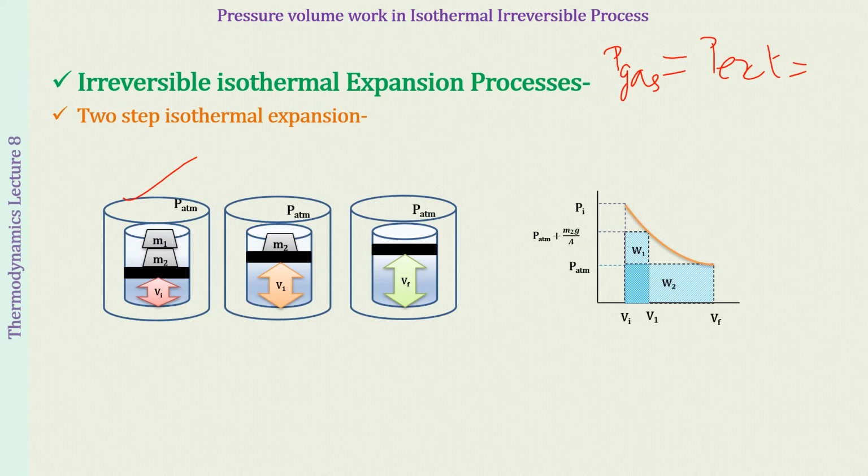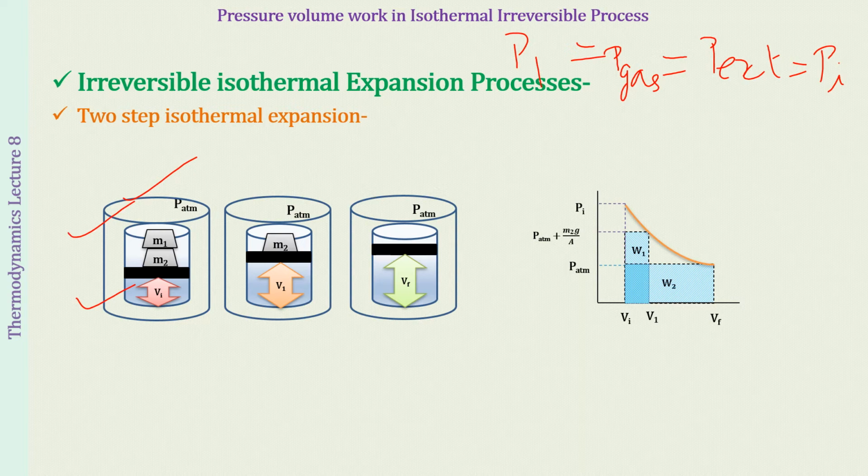And P external in this case is going to be what? Well, we can also call this Pi. So P initial, or in many of the books you will even see this written as P1 and the final state as P2. So that way also it goes on. Fine. Whatever is written, you know that the pressure inside is going to be equal to the pressure outside.